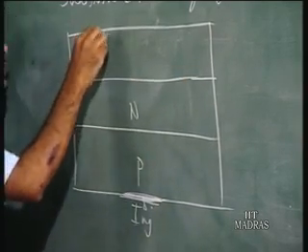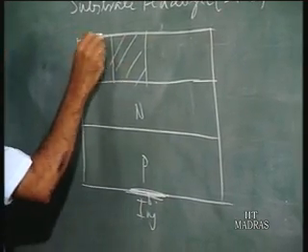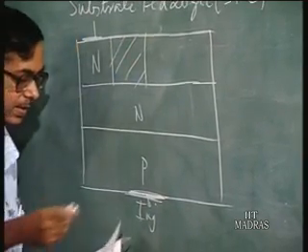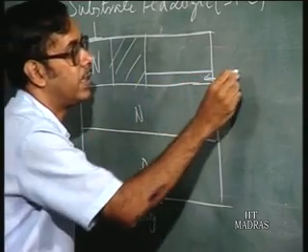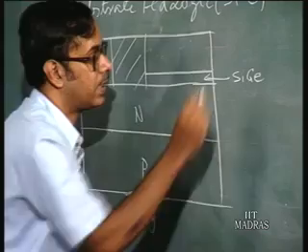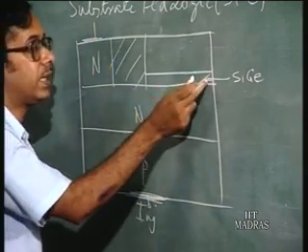This is an isolation, this is the N contact from here, and you have a layer of silicon germanium here. This is a silicon device, and this is silicon germanium.